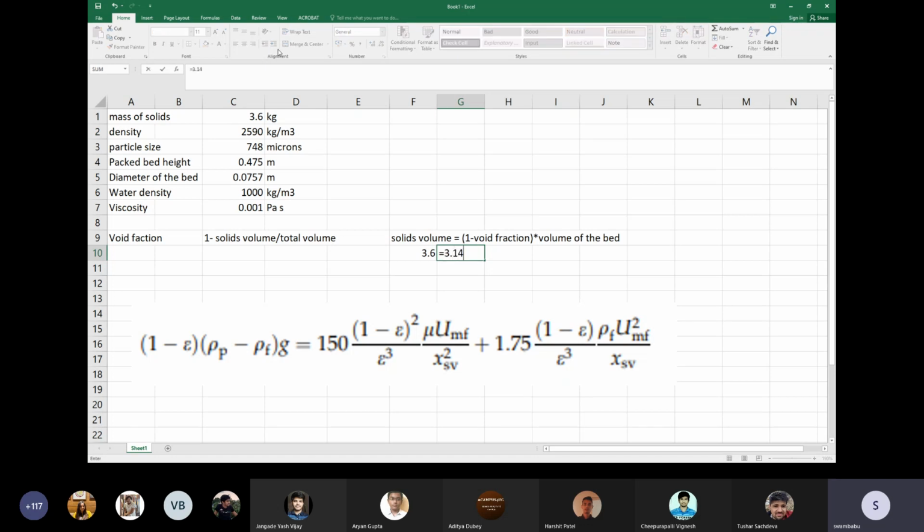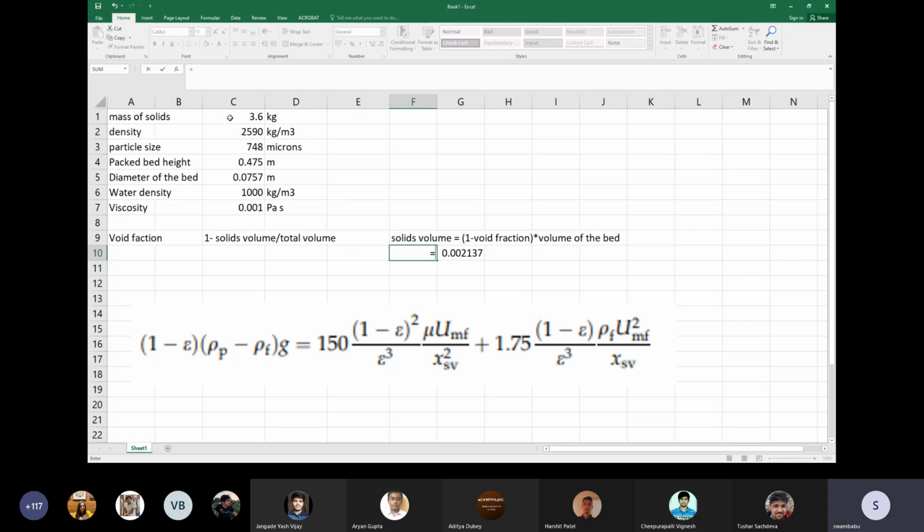Volume of bed is pi by 4 d square into height, d being the diameter of the bed. How do we calculate the solids volume?